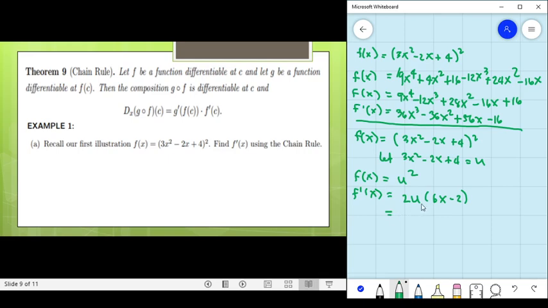Since u is 3x squared minus 2x plus 4, it is multiplied by 6x minus 2.